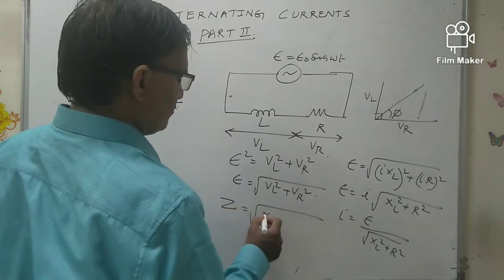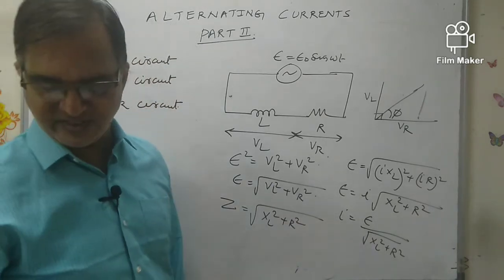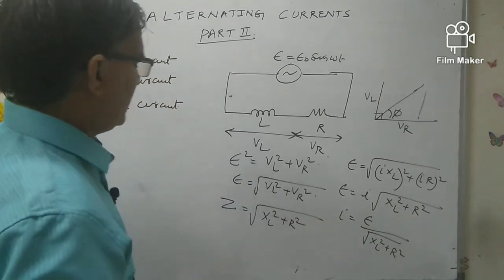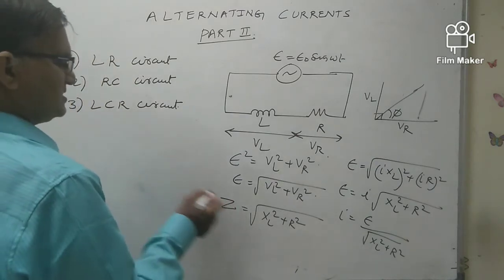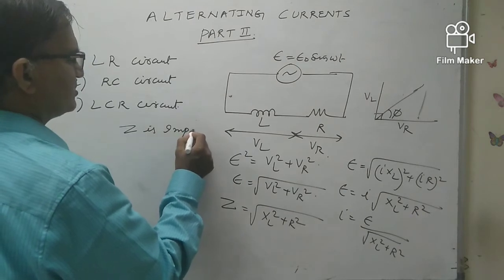This Z is called impedance, the impedance for the LR circuit. Impedance means the total resistance for the circuit.